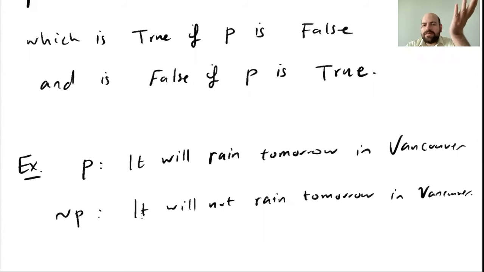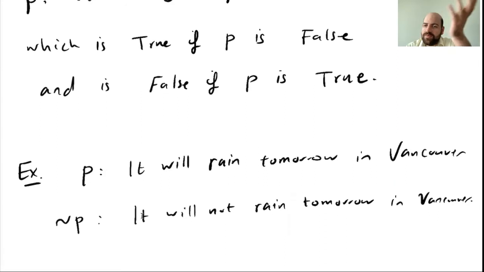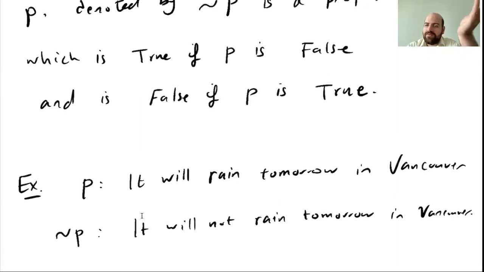If it rains tomorrow, then P is true, negation P is false. If it doesn't rain tomorrow, then P is false, negation P is true. So negation P has the property that if P is true, negation P is false. If P is false, negation P is true.